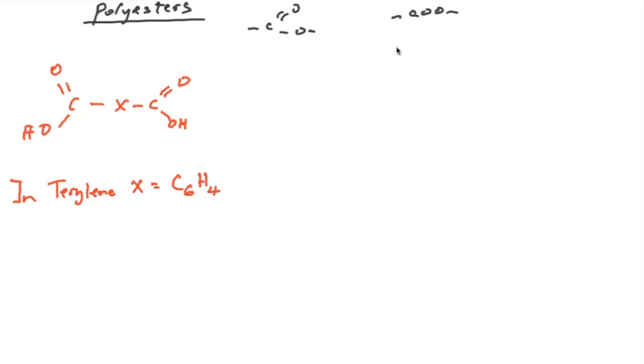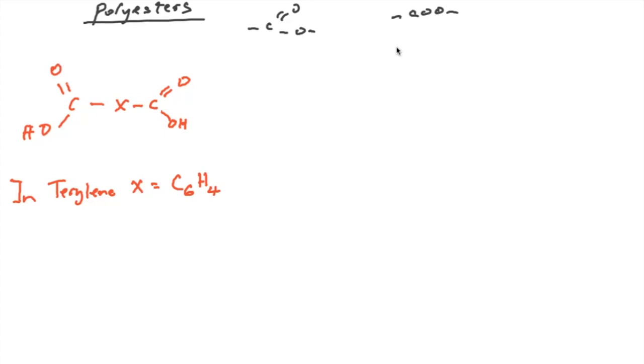All right, and then we have the dialcohol. So of course, to get an ester bond, generally it's an acid reacting with an alcohol. But for the polyester here, we're going to have a diacid reacting with a dialcohol.